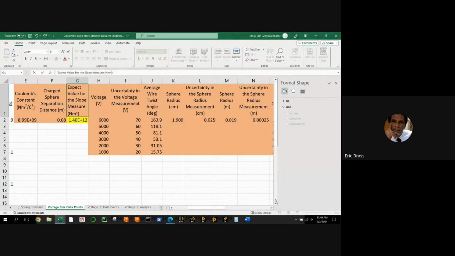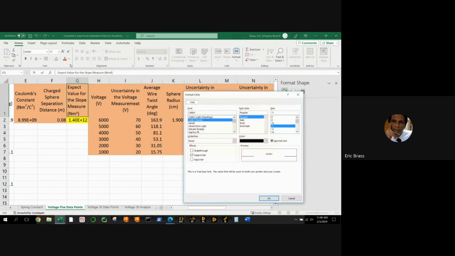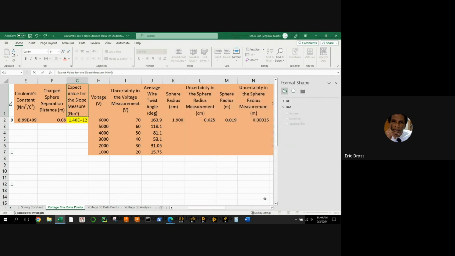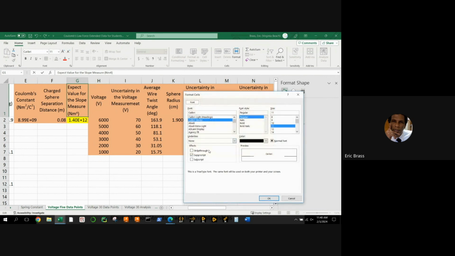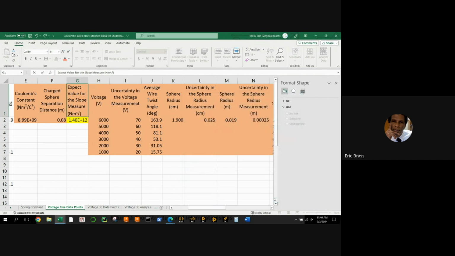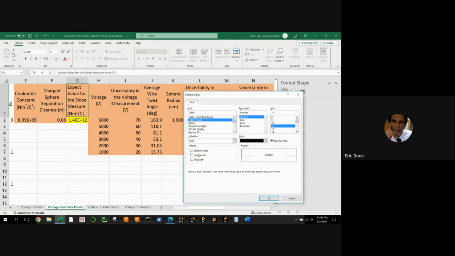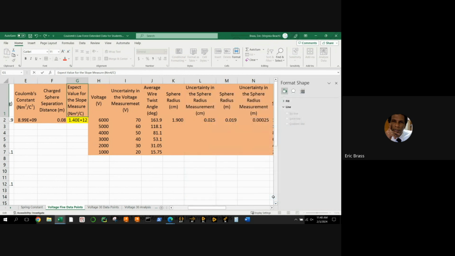Oh, no, that's right. Okay. And then I want to remove it. Divided by C squared. Just seems super weird, but it is. There you go.